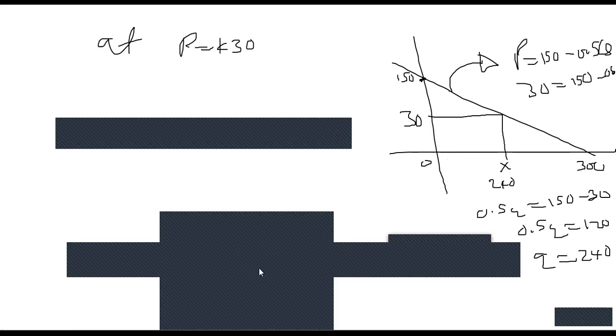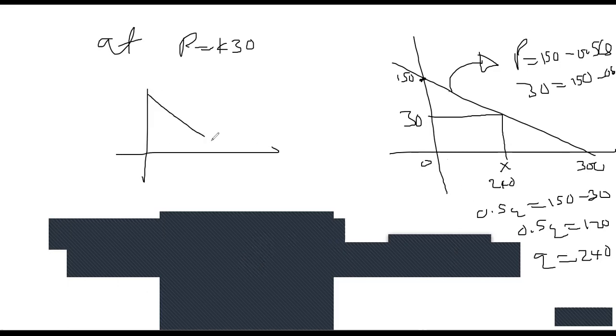Maggie, give me the dimensions of the triangle again. What is our base and what is our height? Q is 240. The base is 240 and the height is 120. So what is the consumer surplus?